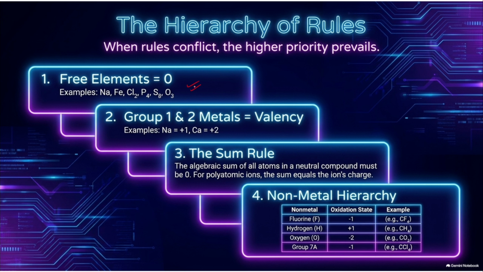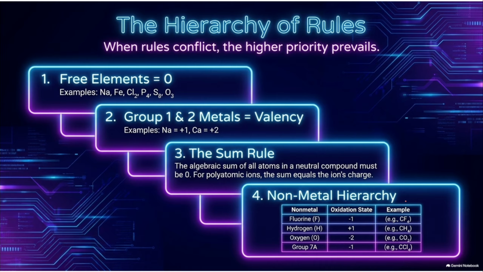Again, this is a quick summary. Free elements are considered to be in 0 oxidation state. Group 1 and group 2 elements are equal to their valency: group 1 is +1, group 2 is +2. Now the sum rule: when we add all the oxidation states of all the elements, it is always equal to 0, or equal to the charge if any charge is present.